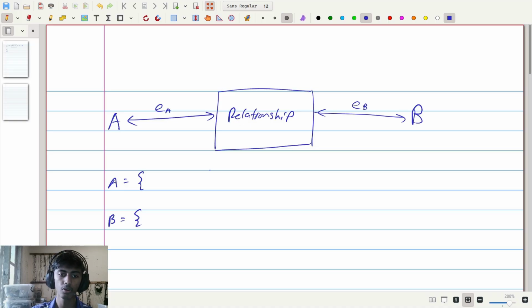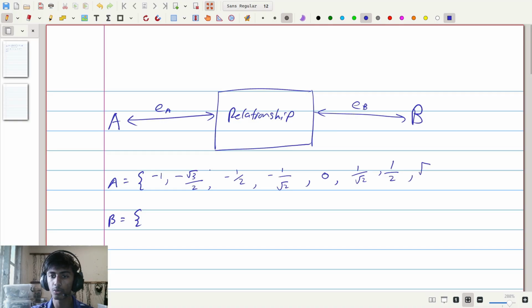We'll do -1, -√3 over 2, √3 over 2, -1/2, and then -1 over √2. Then we'll do 0 after that. We'll do 1 over √2, 1/2. Actually these should be in the other order, but it's alright. Half, and then √3 over 2 and 1.